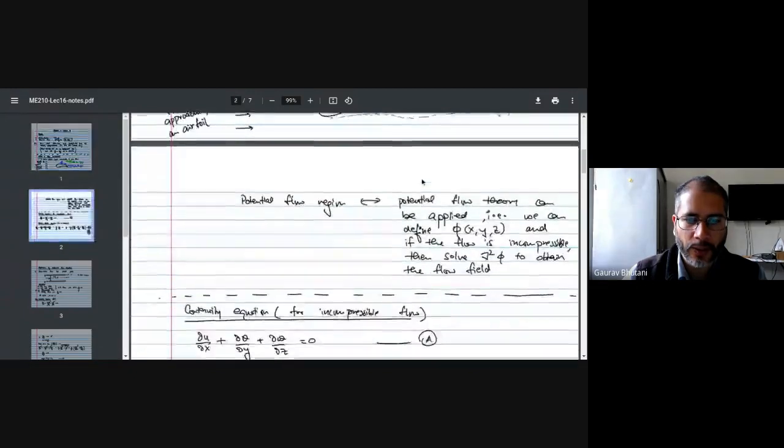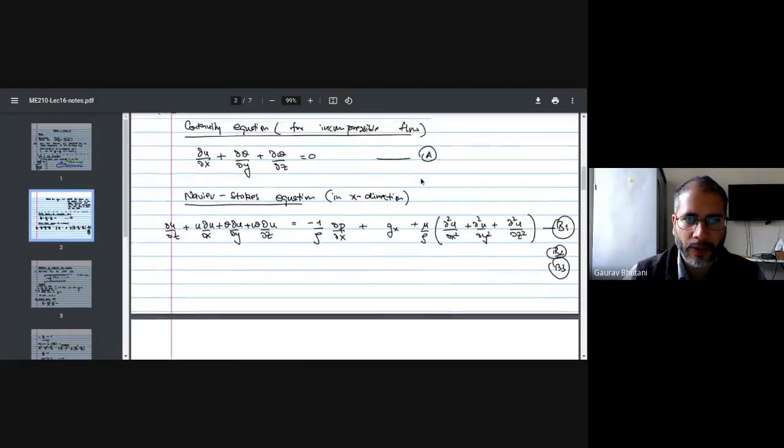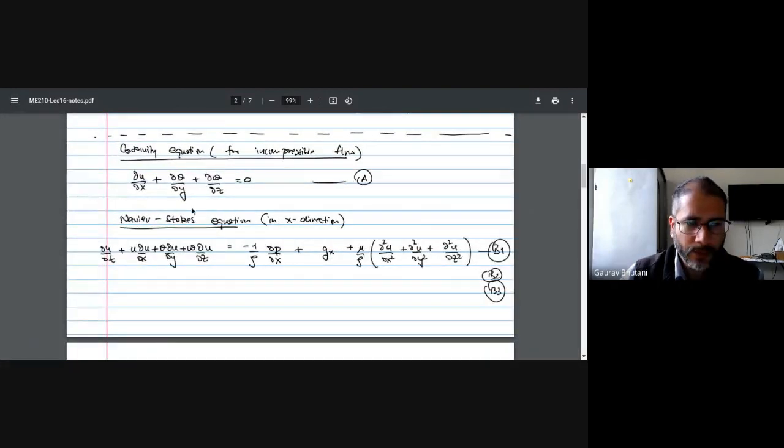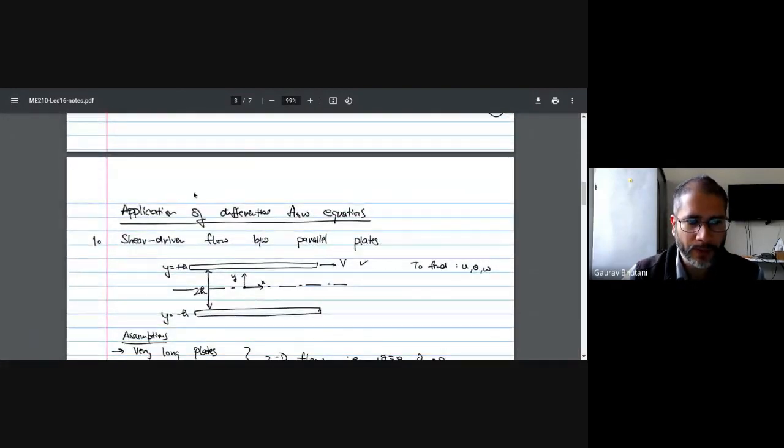We started with the application of the continuity as well as the Navier-Stokes equation for solving certain problems. The first one we picked up was the Couette problem between two parallel plates where the top plate was shear driven. So rather than applying a pressure difference to drive the flow, we apply a constant velocity on the top plate, and that shear from the top drives the flow inside the two plates.